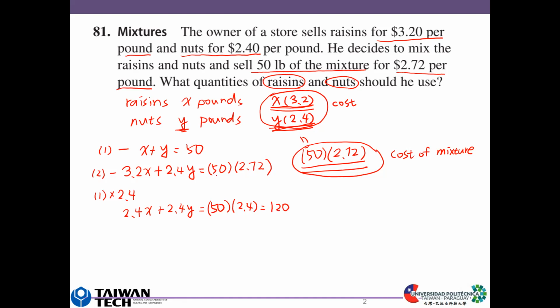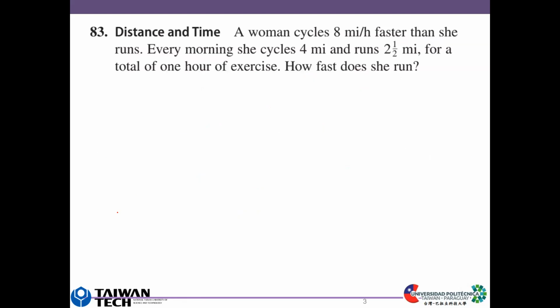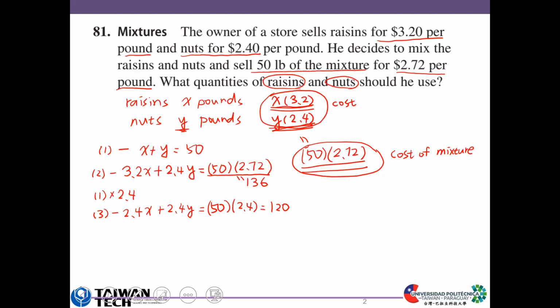And 50 times 2.72 is 136. So we have equation 2 and equation 3. Okay, we have these two equations, and we could use equation 2 minus equation 3.